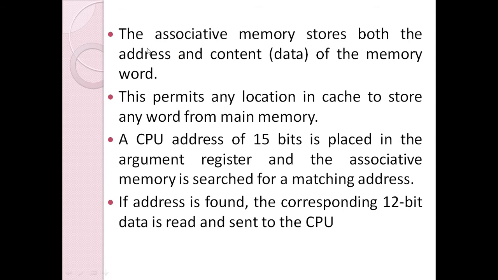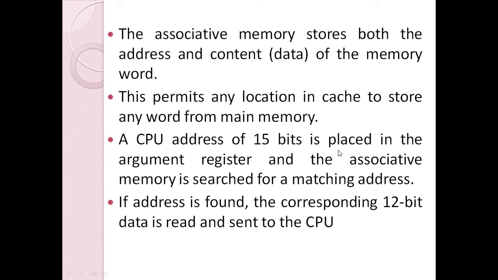So I read here, the associative memory stores both address and content data of the memory word. Memory word means main memory's word. This permits any location in cache to store any word from main memory, because the associative implementation doesn't have any address of itself. So you can store any word of main memory in any location of cache memory if it is implemented using associative memory.